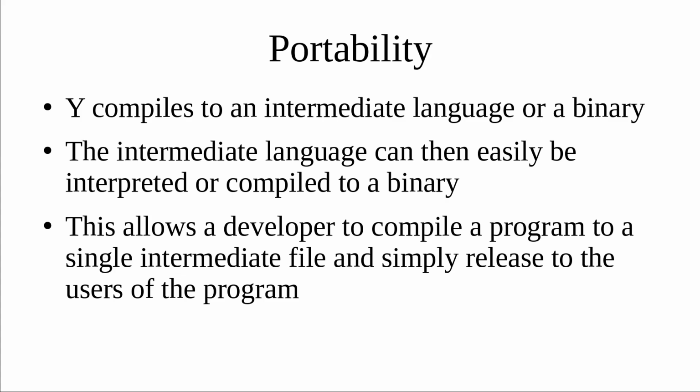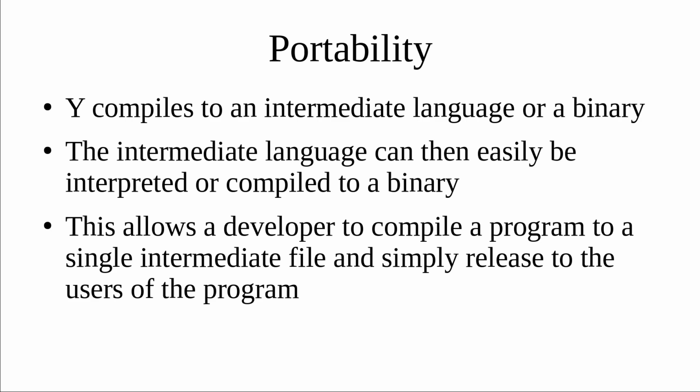And of course, this will allow developers to compile programs to just a single intermediate file, or you can have multiple intermediate files if you, say, have a library that you're working on, and then you have another program that's using that library. Then you could link that library loosely, so that you still have them as two separate files, but they can still compile to a statically compiled binary.